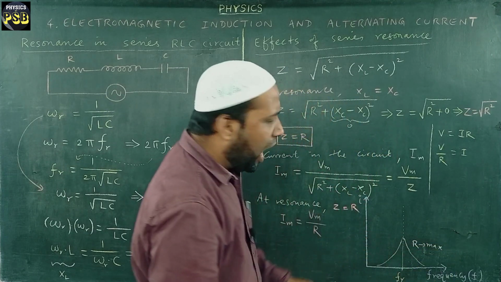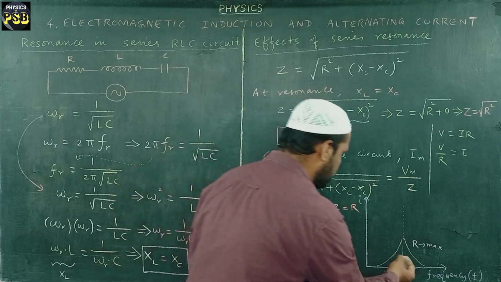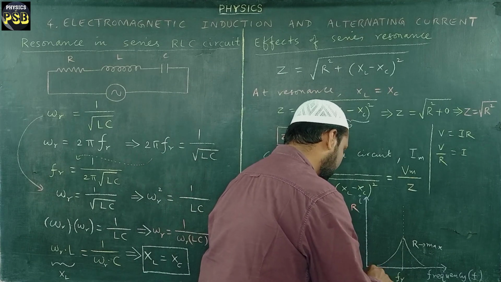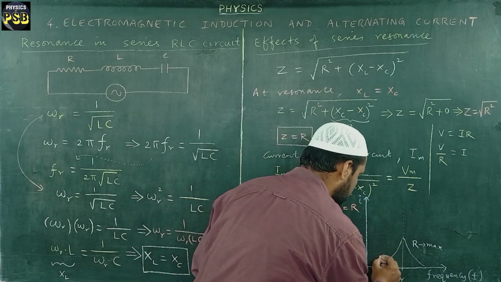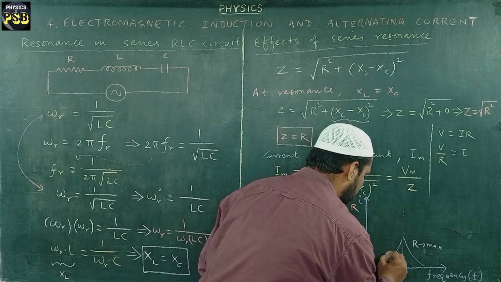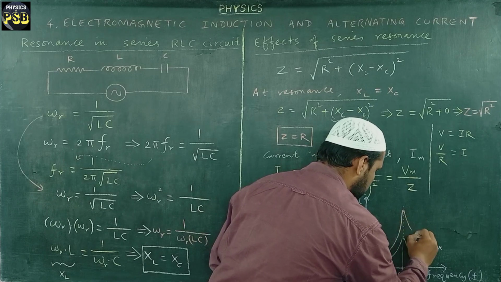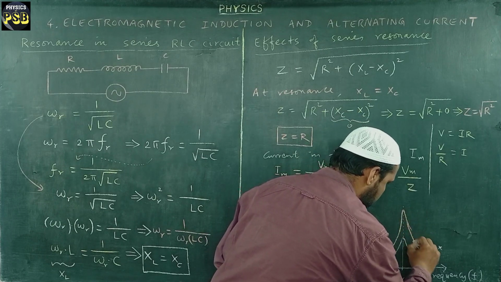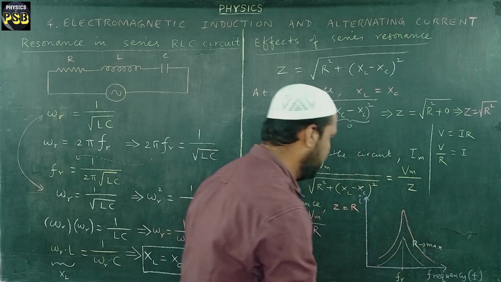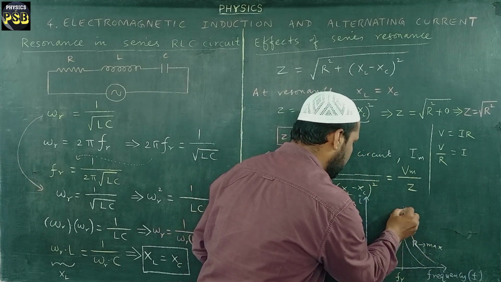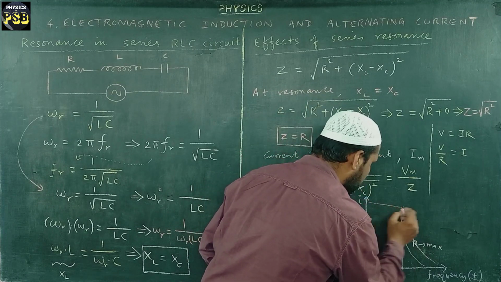When the R value reduces, I'll get another peak, which appears something like this. This is the peak I obtained. Here, this edge provides me the maximum current.